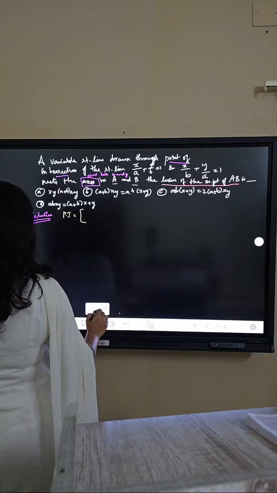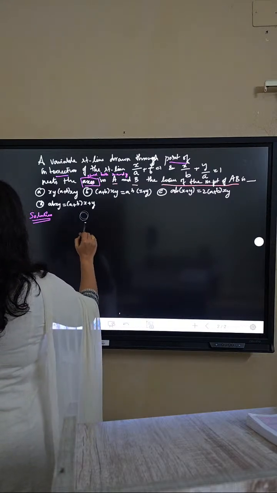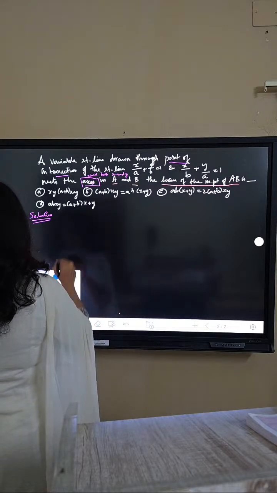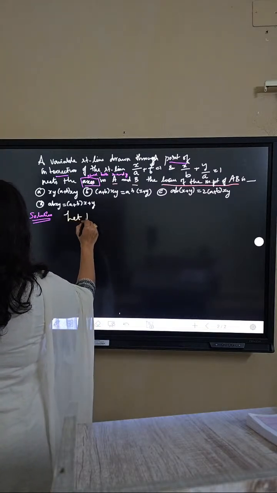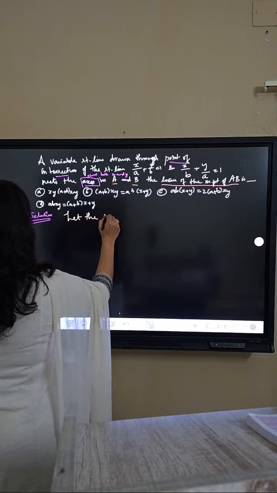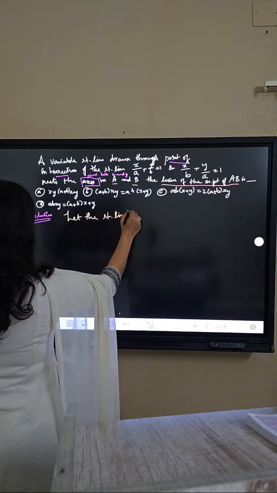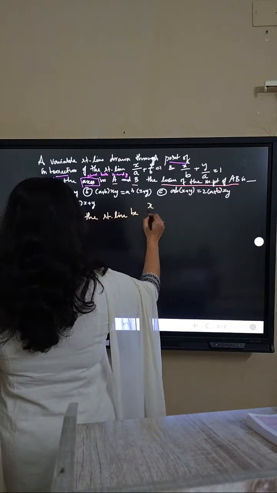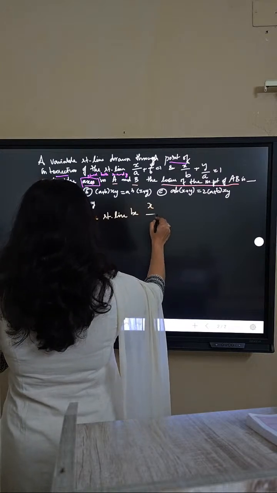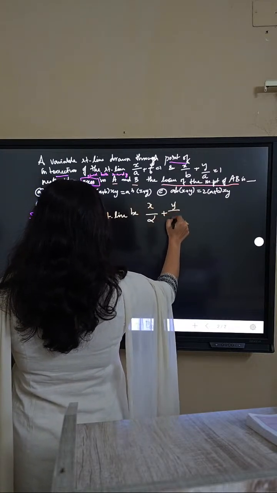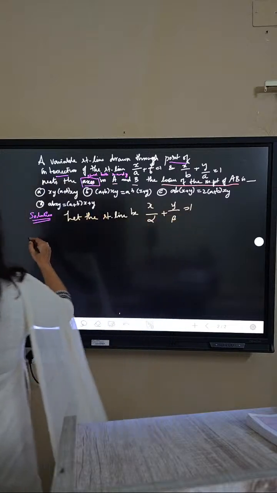So here, let the straight line be x by, here you can take some alpha plus y by beta is equal to 1.